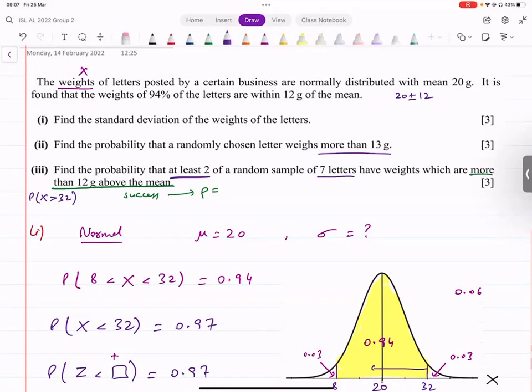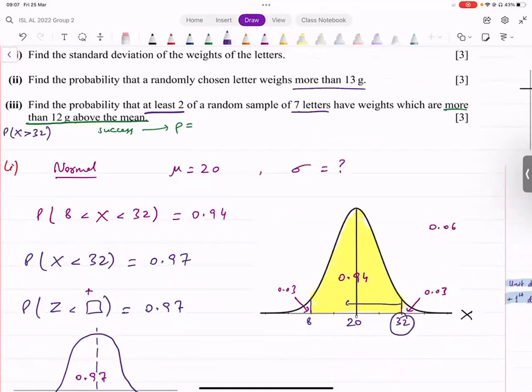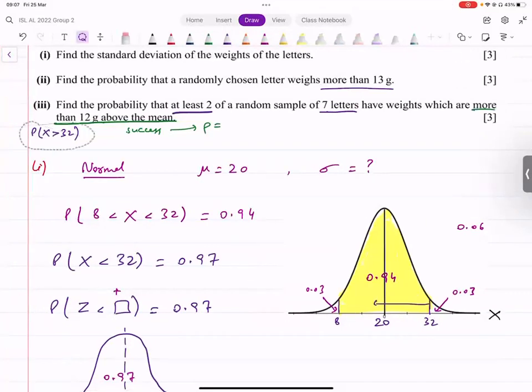Weight जो है वो 32 से ज़्यादा होना चाहिए. We found that earlier in the first part. 32 के right side पे देखें कितनी probability है? 0.03. So probability of success जो है यहाँ पे, that is 0.03. 32 से ज़्यादा होने की probability, that's basically this number here.